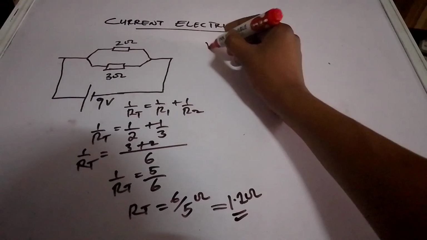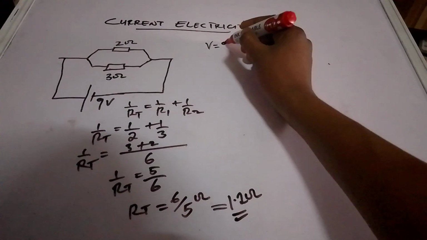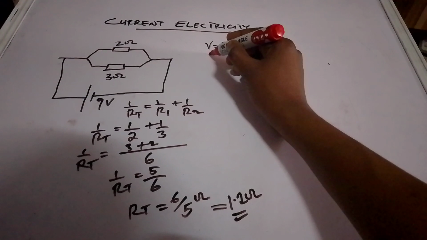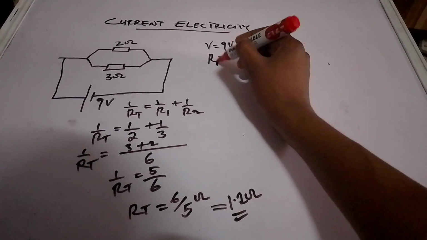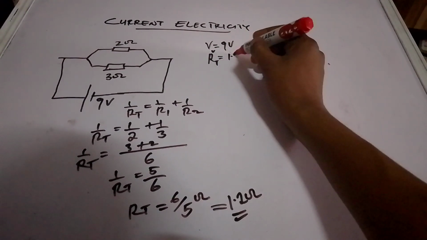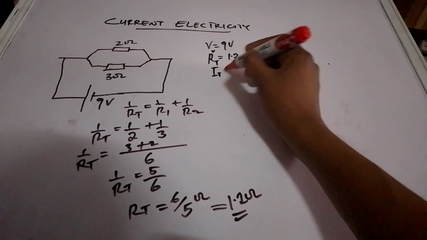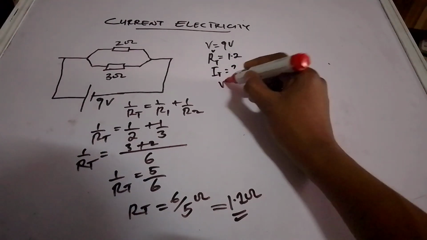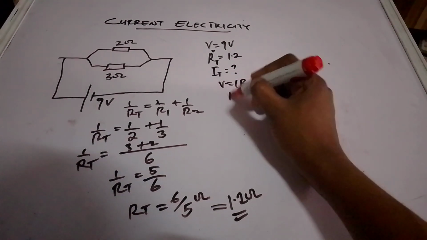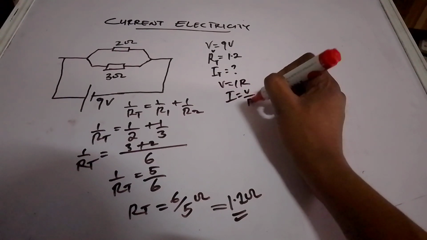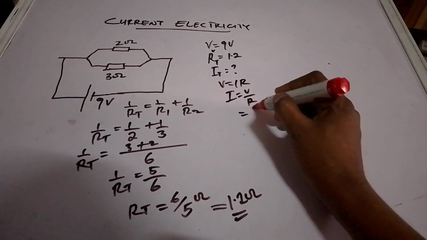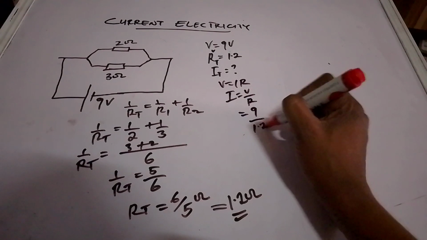So let's put something down. The total V is 9 volts, and the total R is 1.2. So let's find the total I, using V equals IR. So I is V over R. And what is the total V? The total V is 9 and the total R is 1.2.